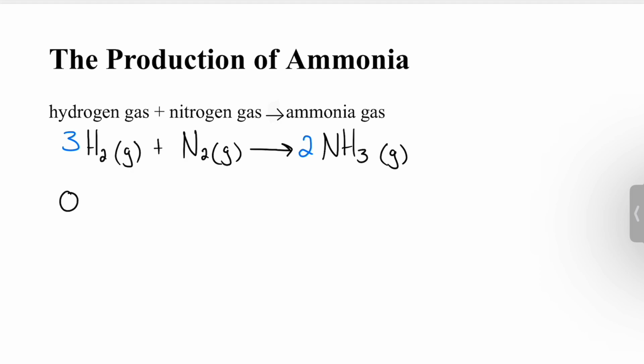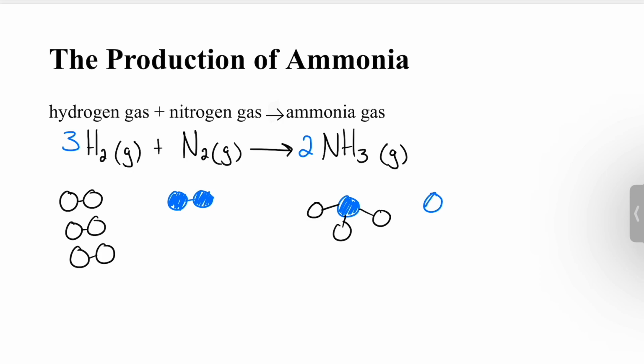Remember, this is really telling me that I have 3 hydrogen molecules reacting with just 1 nitrogen molecule that is then at the end forming 2 ammonia molecules. So we always have to start with the balanced chemical equation.